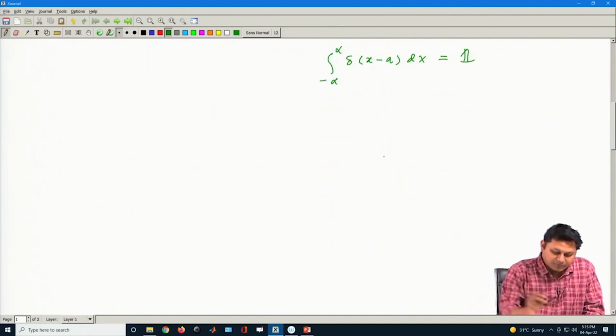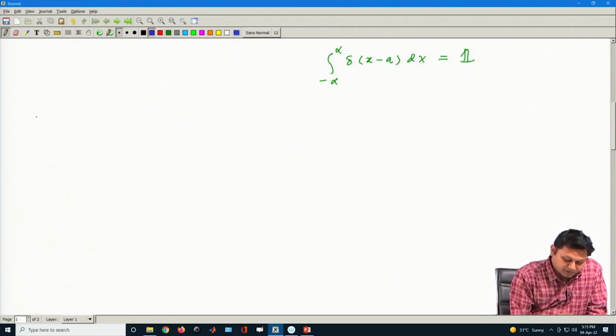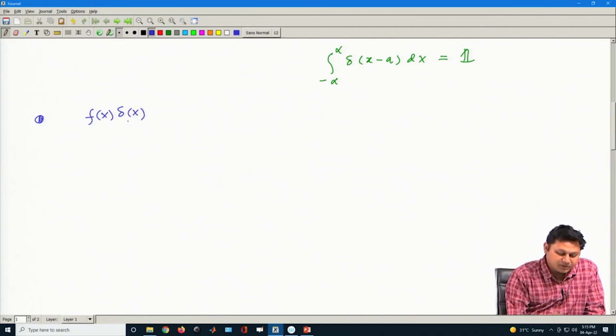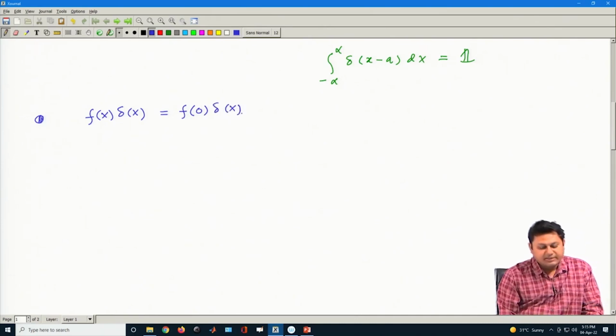Another very important property: if I multiply a function with the delta function, then obviously when x is not equal to 0 this quantity is always 0, and it is meaningful only when x equals 0. So the function at x equal to 0, times delta x, should be on the right hand side.